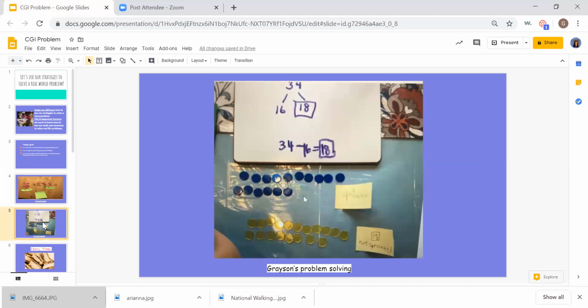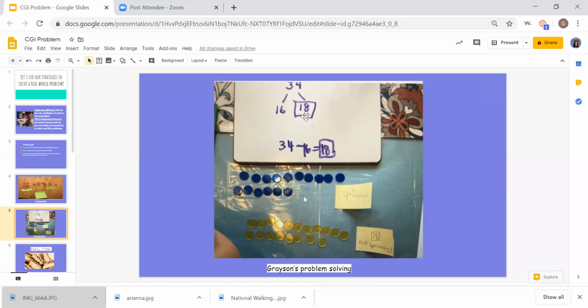Another great example is from Grayson. He also labeled, as you can see, these are how many sprouted, and it looks like he put them in rows of 10, which is another great way to organize your work. And then he put how many had not sprouted also in rows and labeled them. He also went ahead and he did a math mountain. So he put 34, which was at the top, which are total.